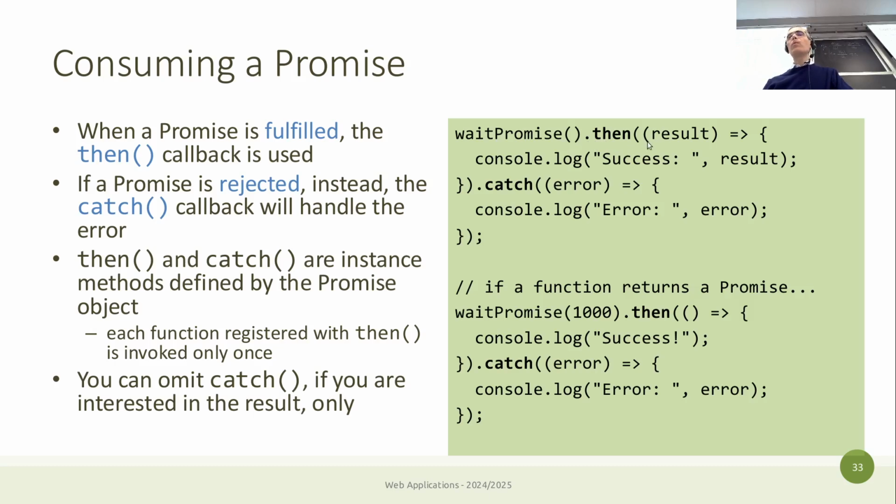And you see that you pass to the .then or the .catch another callback. That's actually the callback that you want to execute once the asynchronous operation ends with a success or a failure.